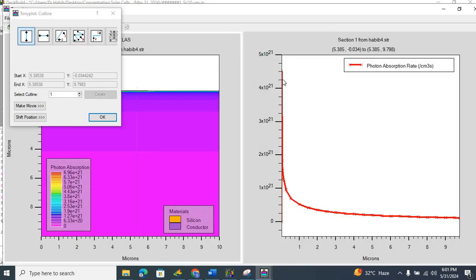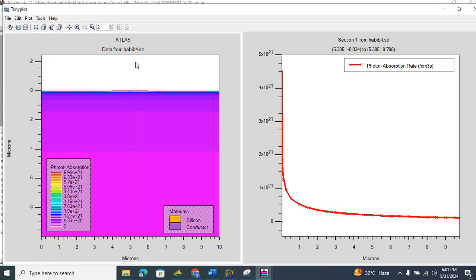You can see that the photon absorption rate is exponentially decreasing across the structure. Our light is incident over here at the top, around 5 micrometers in the x direction. Its absorption rate is decreasing exponentially as we go further down the structure.